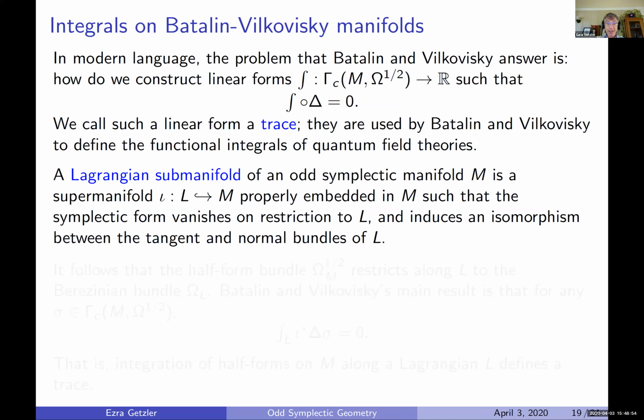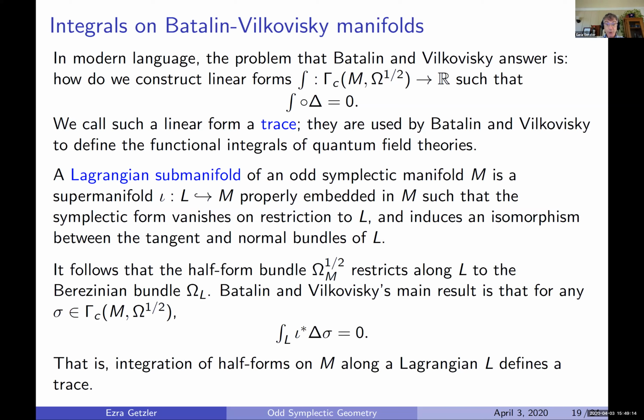This is, of course, exactly the same definition as for ordinary symplectic geometry. There are no decorations on the theory of Lagrangian submanifolds coming from the exotic geometry of Khudaverdian.